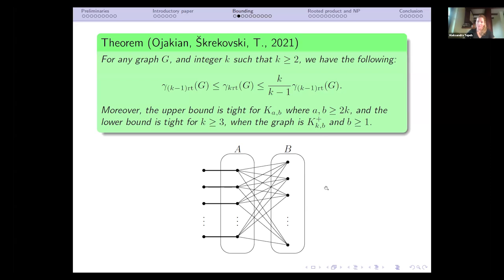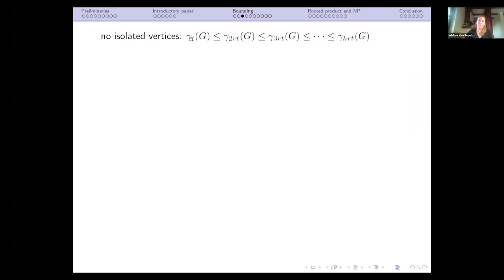Maybe this result is not so interesting on its own, but it was a step towards a more interesting comparison, which is the comparison with total domination. And by the theorem that we just saw, we obtained this sequence of inequalities.